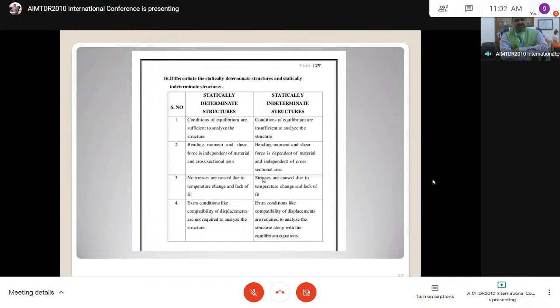Suppose if it is a two-dimensional problem, a planar system, we have three equilibrium equations: sigma fx 0, sigma fy 0, moment 0. Whereas in the case of six degrees of freedom space, we have six equations: sigma fx 0, sigma fy 0, sigma fz 0, moment about x-axis 0, moment about y-axis 0, moment about z-axis 0.